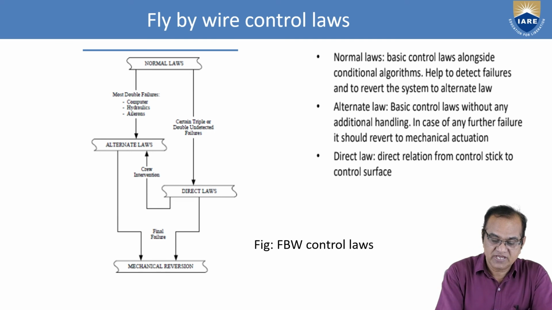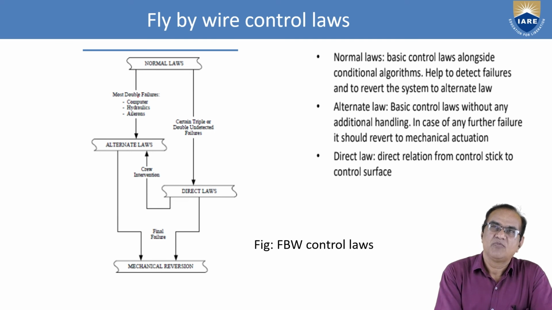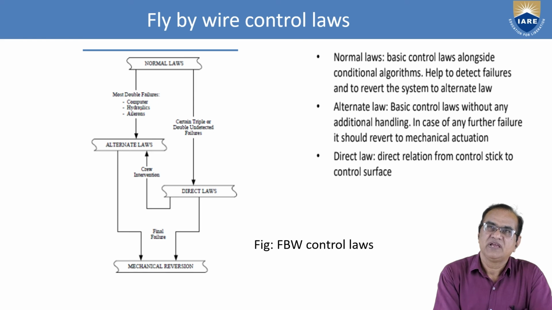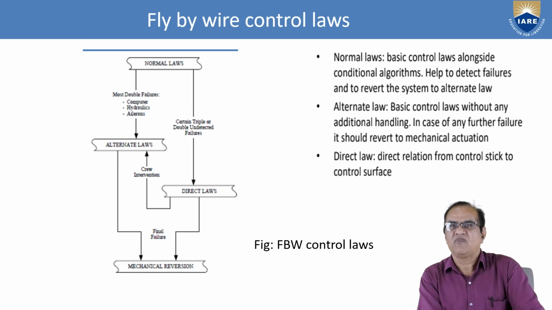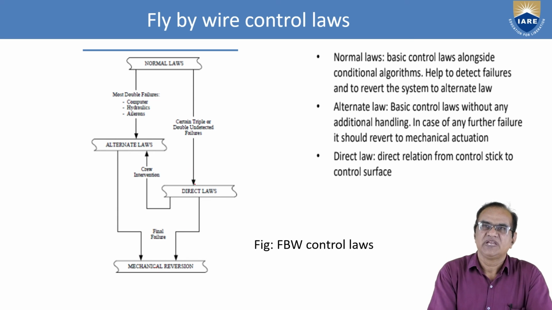Here, if you see, it is a normal law. Most double failures, computer, hydraulic, ailerons, then it goes to alternate law. In alternate law, if you can see here, it goes to the final failure, and it is a mechanical reversal. It is a direct law.